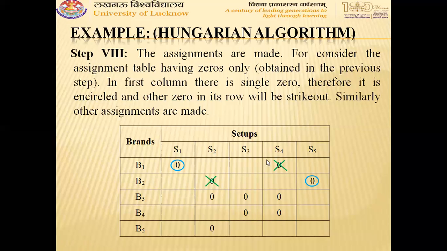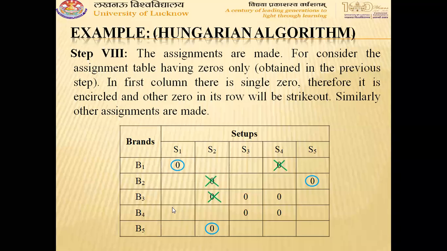Now in each column we can see there are two zeros, but we can move further through rows. In the first two rows assignments are made. Now in the third row there are three zeros, in the fourth row there are two zeros, and in the fifth row there is one zero. So we encircle this zero, that is, this zero is encircled, and the corresponding zero in the column is crossed off.